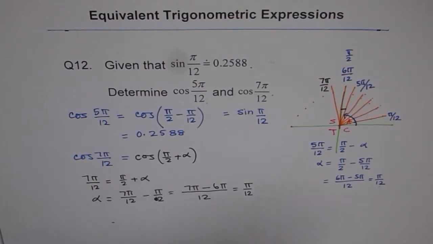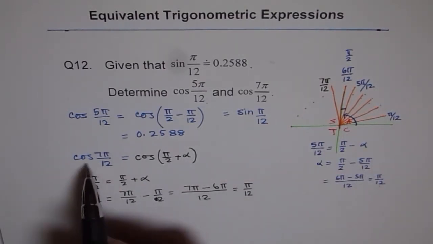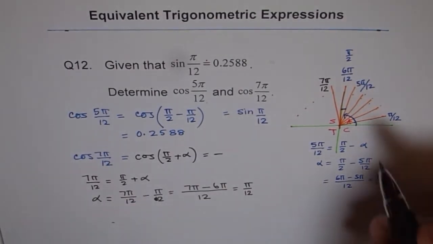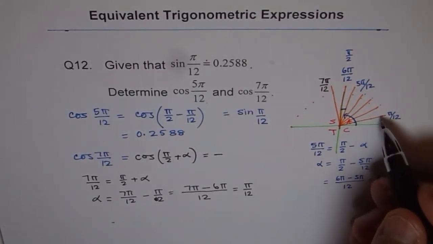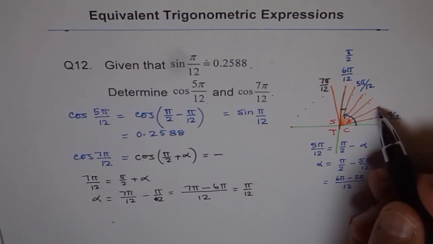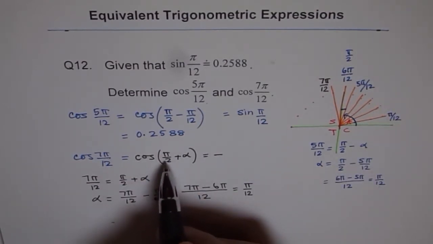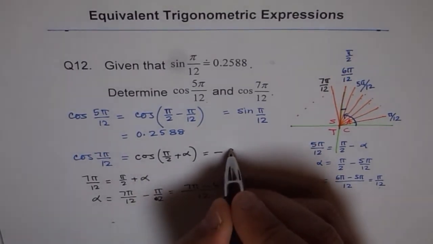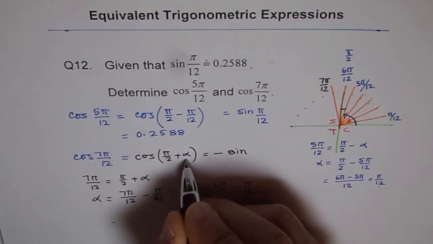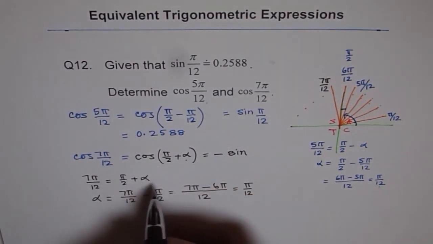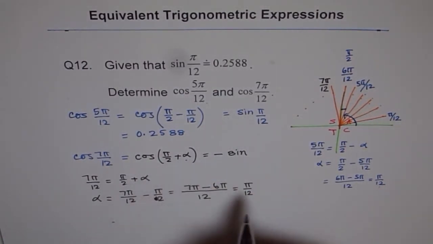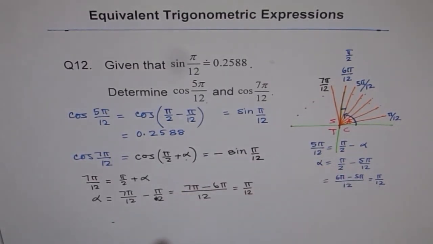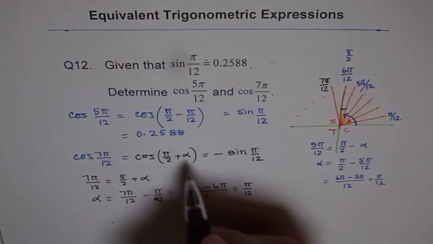We are in quadrant 2, so cos has to be negative, because alpha is an acute angle where all trigonometric ratios are positive. Since it is pi by 2 plus alpha, it is a cofunction identity and it becomes sine alpha. And our alpha is pi by 12, so I should write sine pi by 12.